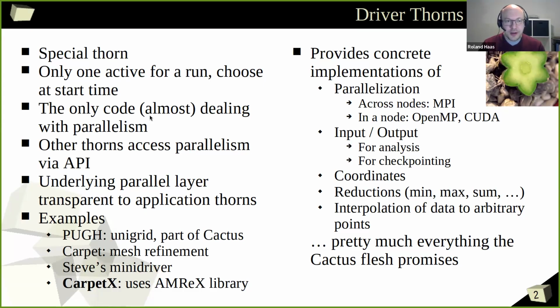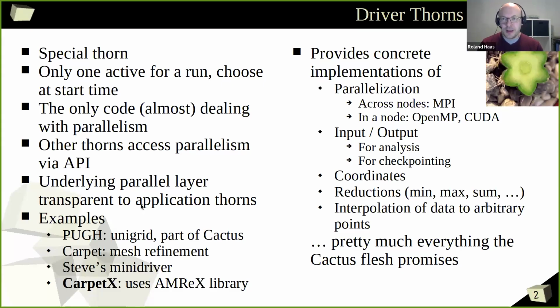The driver is the only code, well, almost, that's actually dealing with parallelism. All the other thorns access parallelism via a defined API, either by the flesh or by the driver thorn. It has the responsibility of making the underlying parallel layer transparent to the application thorns, so that in Cactus, you just say sync in your schedule statement and you don't know what goes on underneath the hood.